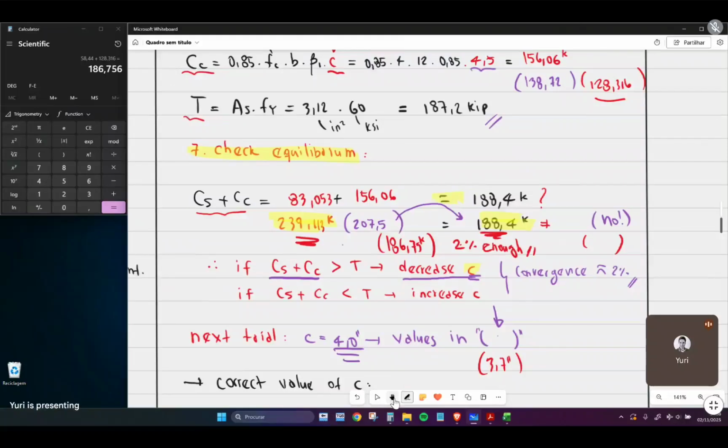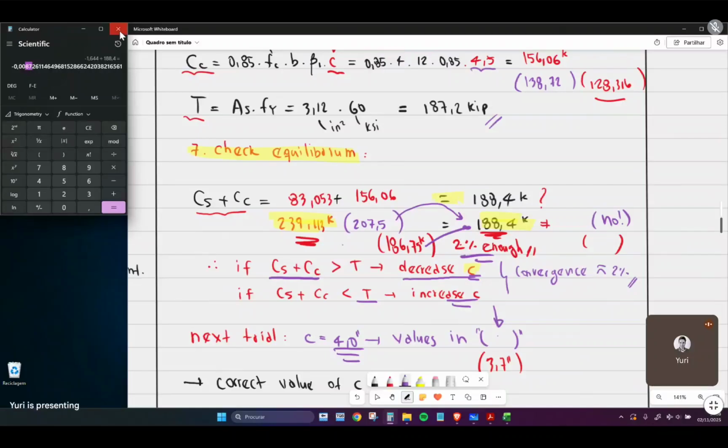If we would try to reach the perfect score, we would have in this situation to increase just a little bit, very, very little. I would increase to 3.75. That would be my next trial. But there is no need because as you can see here, it's so close, it's lower than 2%. If I subtract this value from 188.4, and then divide by 188.4 again, I will have an error lower than 1%.